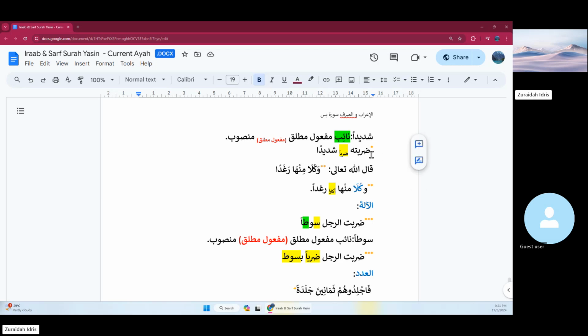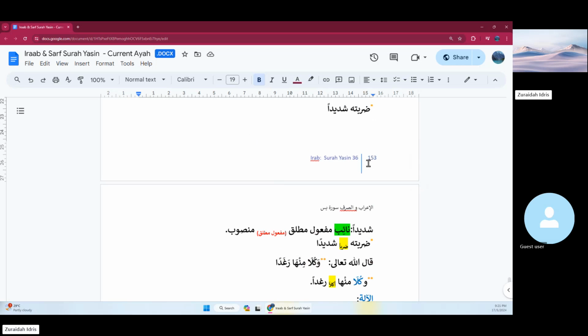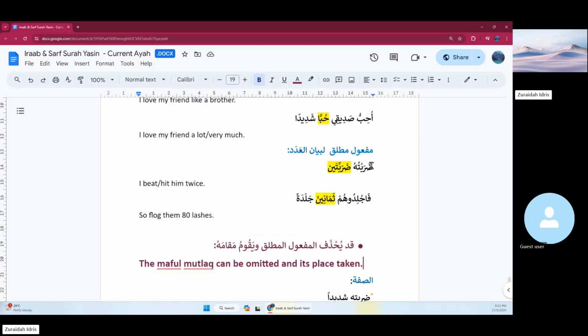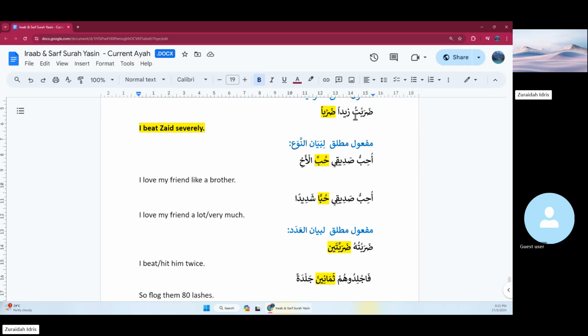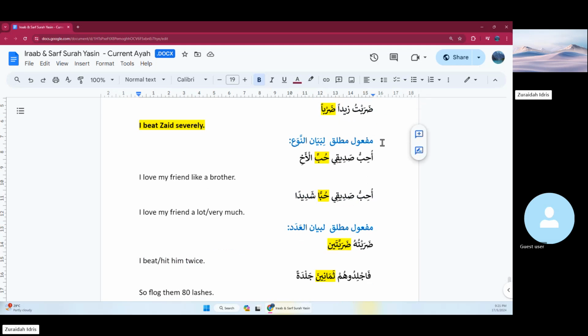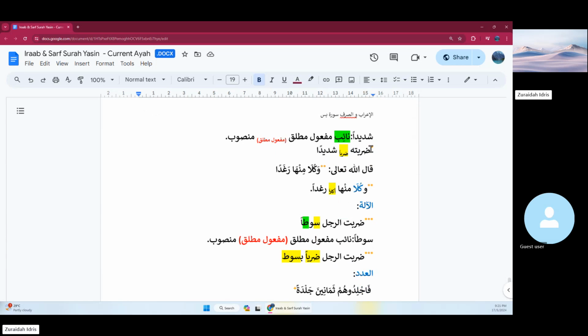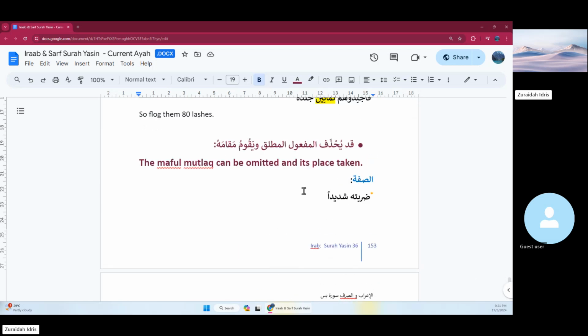So you get the difference between this and what we saw just now: darabtu darban, and this one, darabtu shadidan. Although this is mansub, we can't say it's maf'ul mutlaq, because the root letters shin, dal, dal, and da, ra, ba do not have the same meaning.